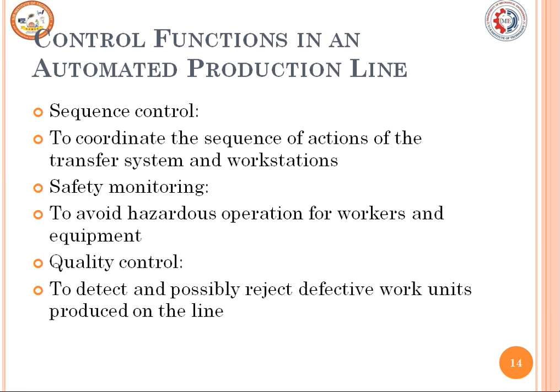In safety monitoring, the worker and the equipment at the workplace must be safe; there mustn't be any hazardous operation for workers as well as the equipment. In quality control, you have to reject defective work units produced on the line so that quality products are produced.